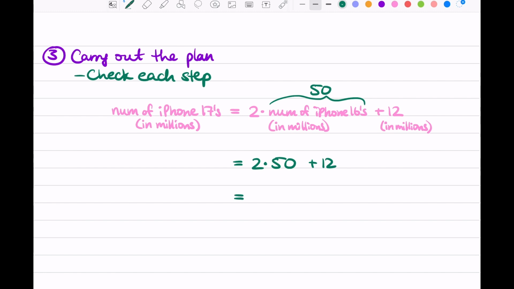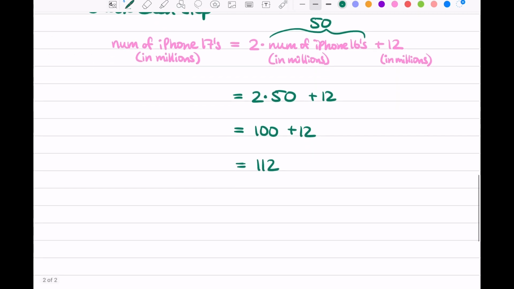Simplifying that, 2 times 50 is 100. And 100 plus 12 is 112. So we can say that Apple sold 112 million iPhone 17s. So we carried out our plan and got to an answer.